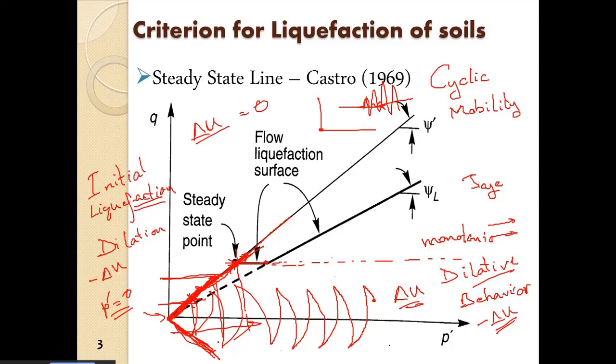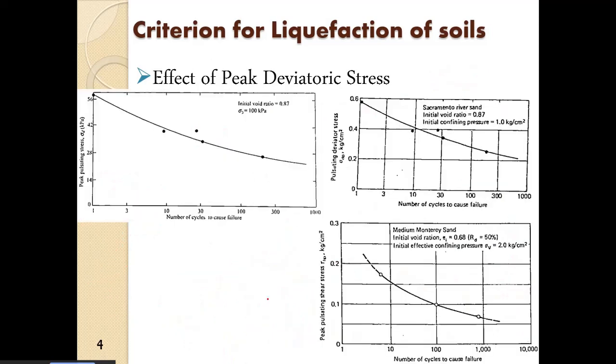Only then can you cause deformation in this state, all right. So obviously that is not the case. So if the stress state is below this range, we have cyclic mobility, and we have seen how the various cases of cyclic mobility may be induced in the soil. All right.